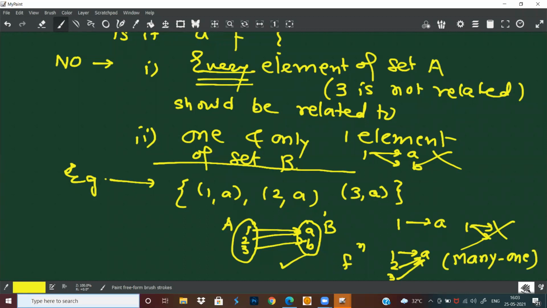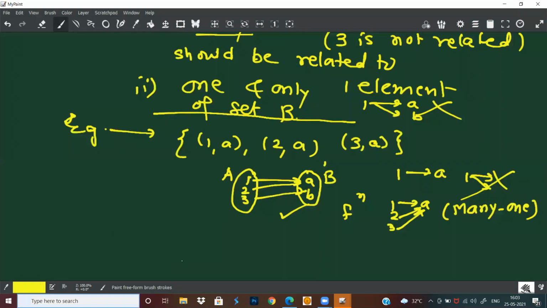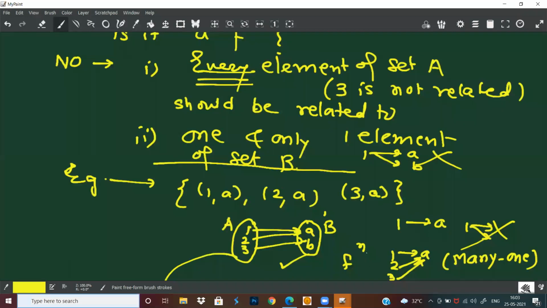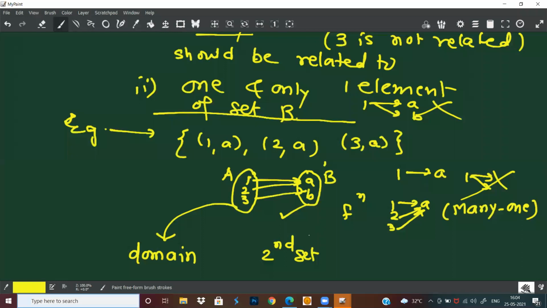And मैंने बोला था, first set is called the domain of the function. Second set, which has A, B, देखो, A and B है क्या? हाँ ठीक है, A and B है. इसको हम लोग क्या बोलेंगे? It is a codomain.